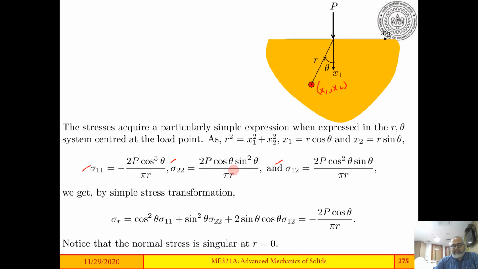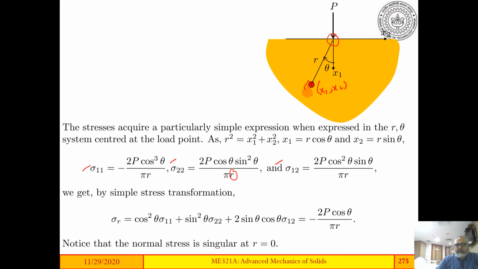Again, you see that as r tends to 0, all the stresses blow up, all the stresses are singular at this point. By simple stress transformation I can find the stresses in the RR direction.